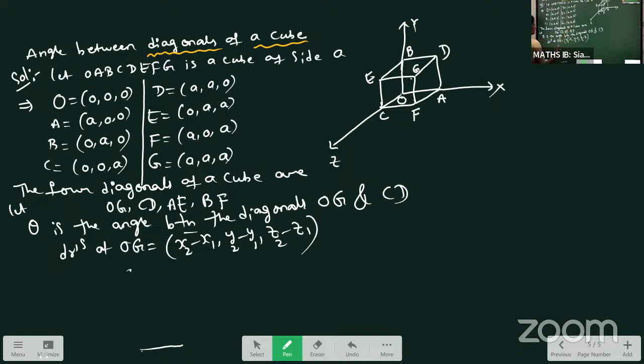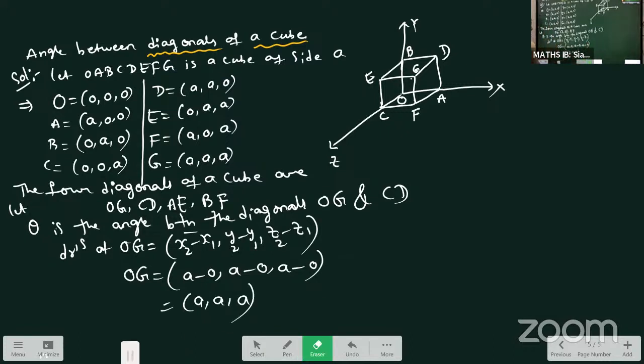So DRs of OG: A minus 0, A minus 0, A minus 0, so it is A, A, A. In DRs, we have a concept: if the coordinates are in proportion, we can remove that. Here A is the same. Therefore, DRs of OG, I can write 1, 1, 1, because A gets cancelled.